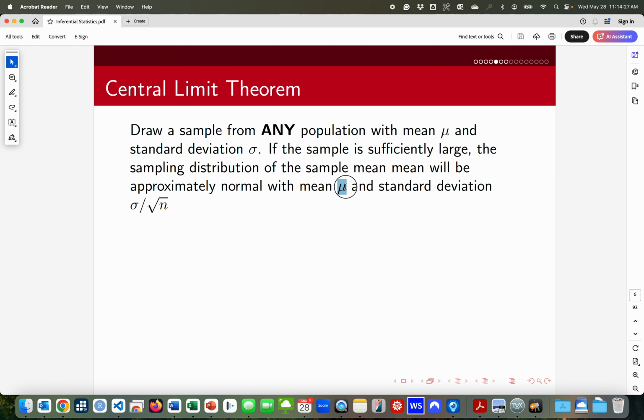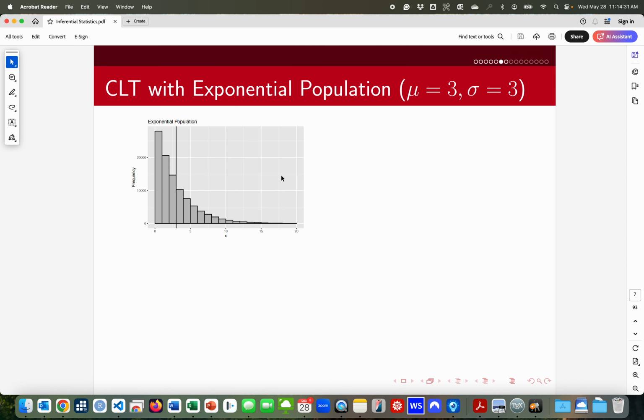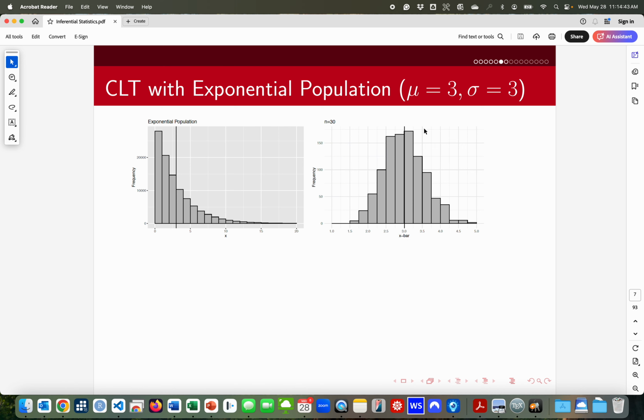Mu is the population mean. So in this example right here, the population mean is 3. So this distribution right here has a population mean of 3. Notice when we take the sampling distribution of the sample mean, that distribution also has a mean of 3. That distribution is symmetric around the value 3.